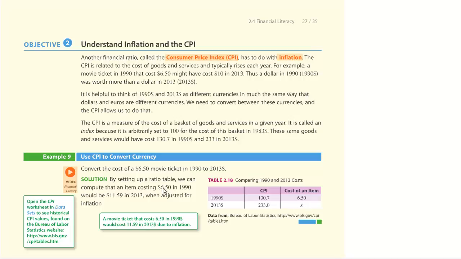Here they're talking about $6.50 being the cost of a movie ticket. If it costs you $6.50 to go to the movies in 1990, you set up the ratio, and it's very simple: 233 divided by 130 equals X over 6.5, and then do the math. You'll see that it costs you $11.59 today to go to the movies.